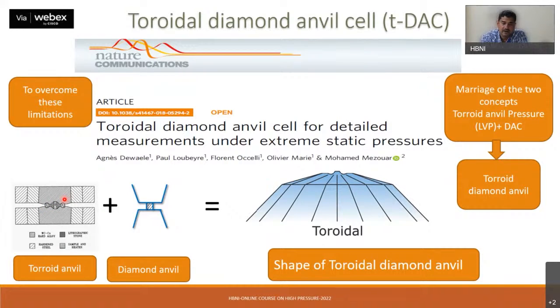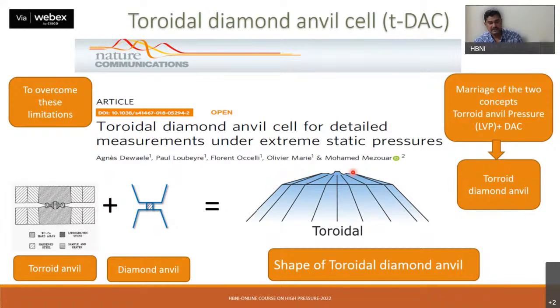So in this toroid diamond anvil cell, we have married the concept of the toroid anvil and the diamond anvil. They are cleverly making this toroid shape on top of the diamond flat culet, so now they have a toroid diamond anvil kind of culet, where on the diamonds they have a toroid shape of this double well kind of shape.